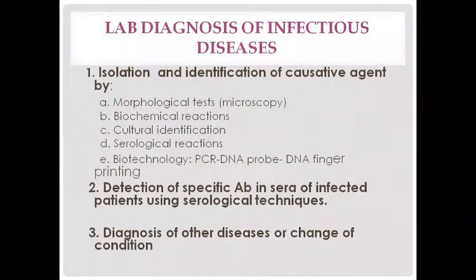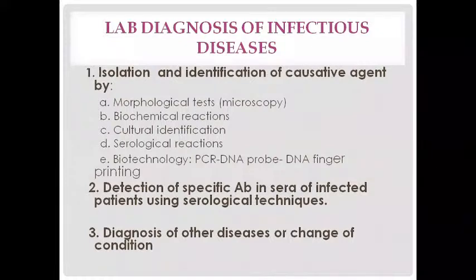Then you can also use chemical reactions. For example, you can check the oxidase test. You can check the lactose fermenting organisms. Those are just biochemical tests that you can learn much more about in microbiology.